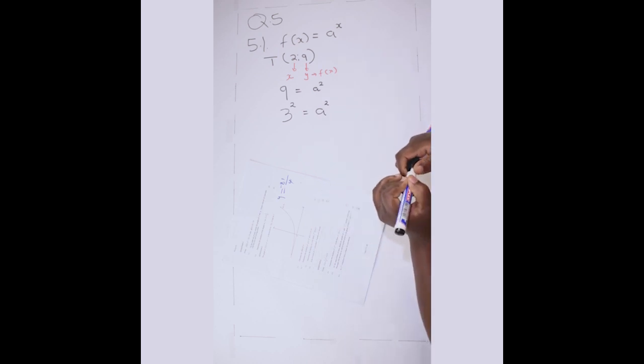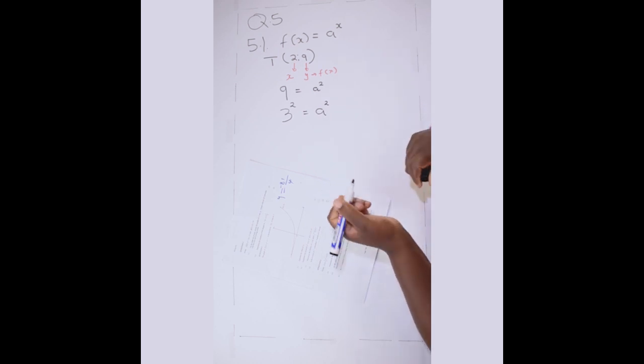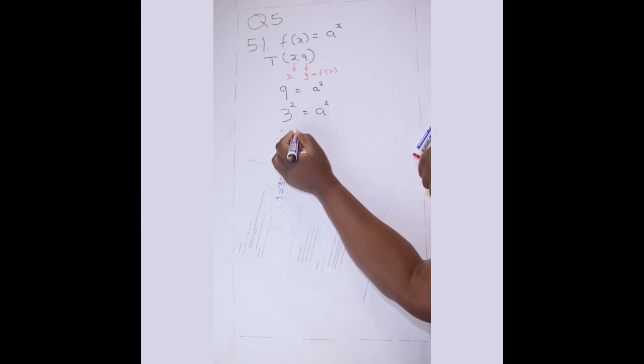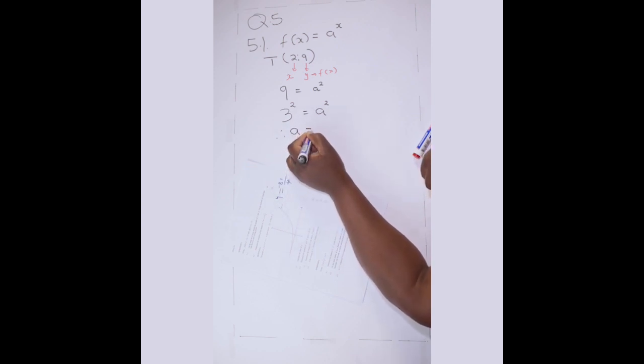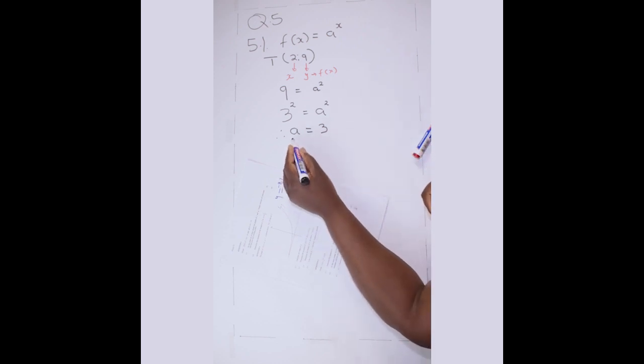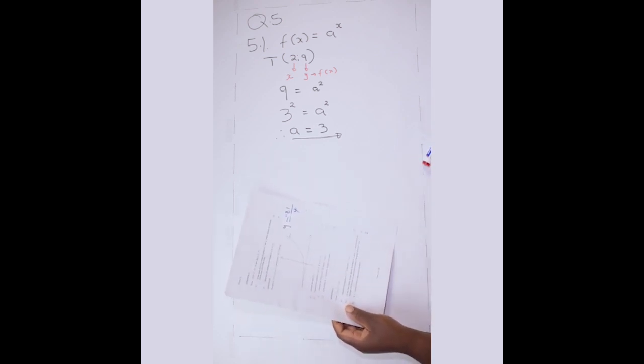As our exponents are the same, we are going to disregard the exponents and focus on the bases. Therefore, a equals 3, and that is the solution for this question. It's 2 marks, direct and straightforward.